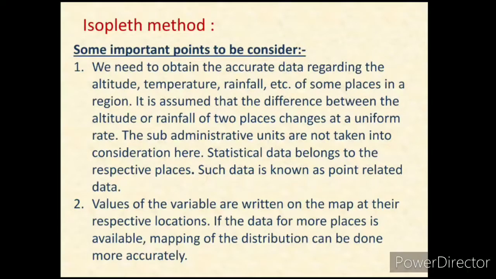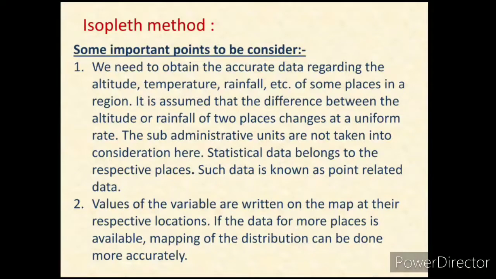Now some important points to be considered while using the isopleth method. We need to obtain accurate data regarding altitude, temperature, rainfall, whatever you are showing. If you are showing temperature, then you should get the accurate data of temperature of that particular region.